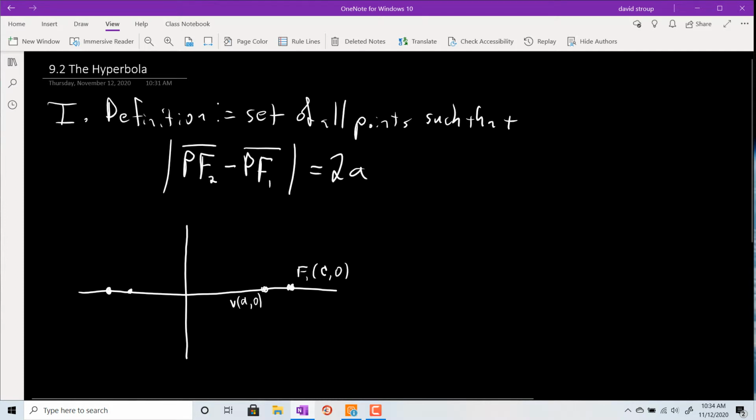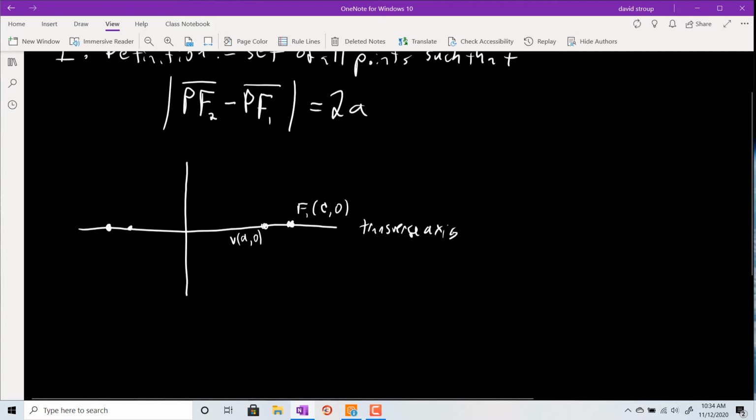This time, instead of the major axis and the semi-major axis, there's a transverse axis, which is the horizontal in this case. And then they have the conjugate axis, which is the vertical axis.